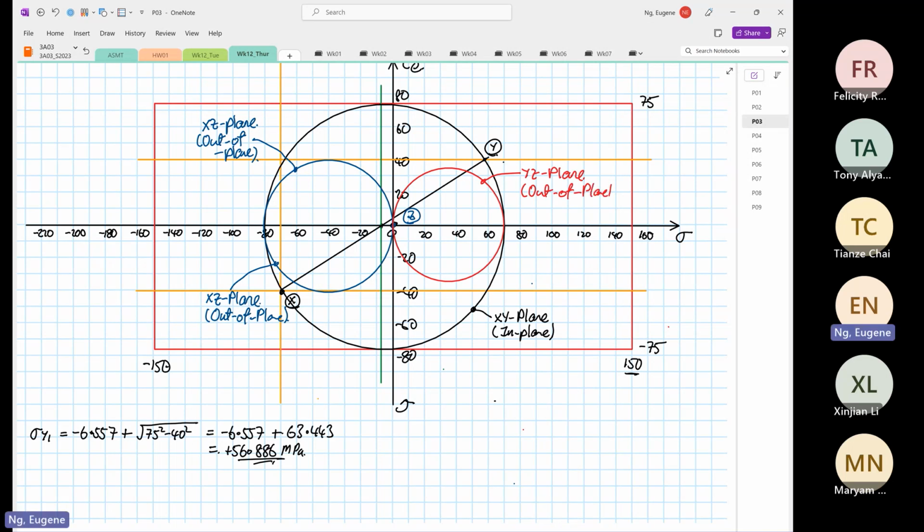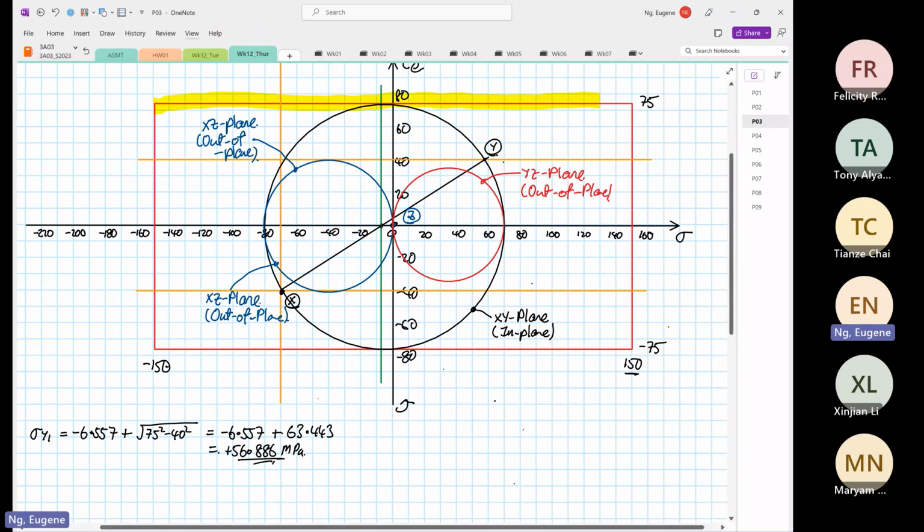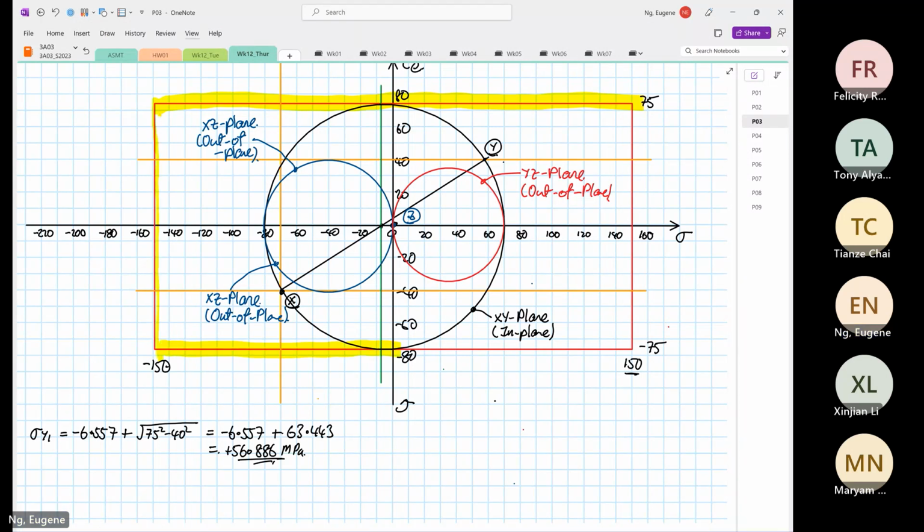So now you can see all the three circles are within the red box that I'm going to highlight in yellow. So the material will not yield. All three circles are within the box.